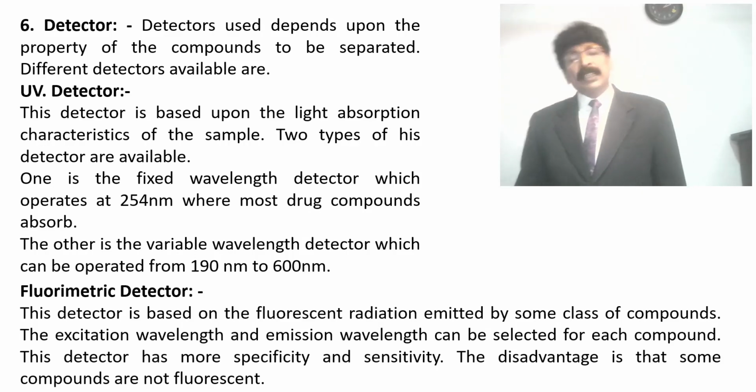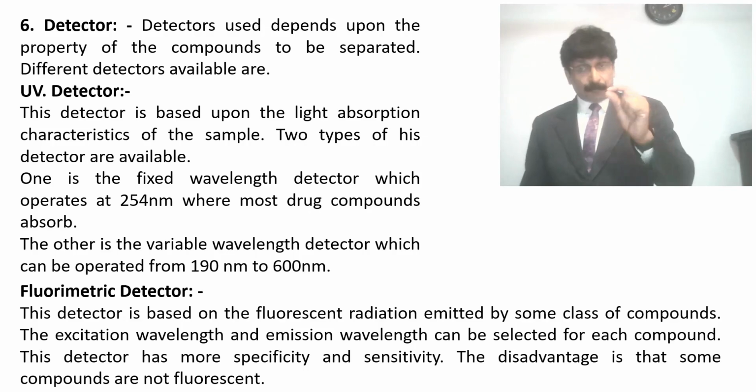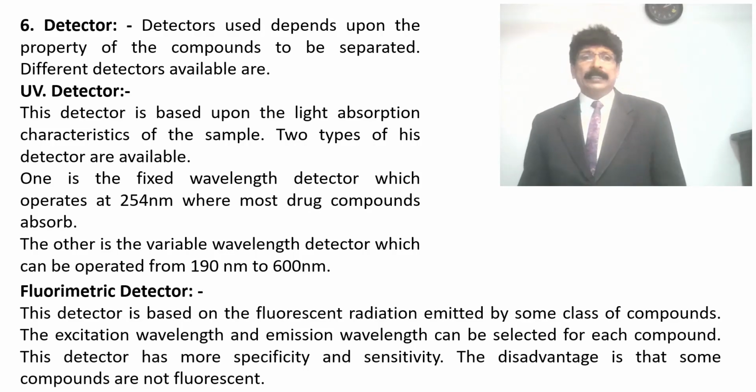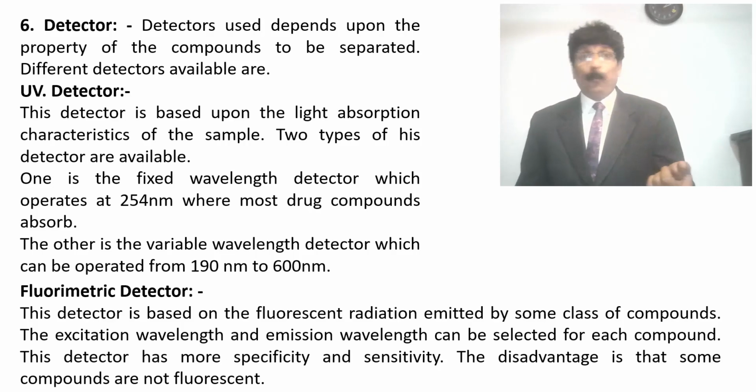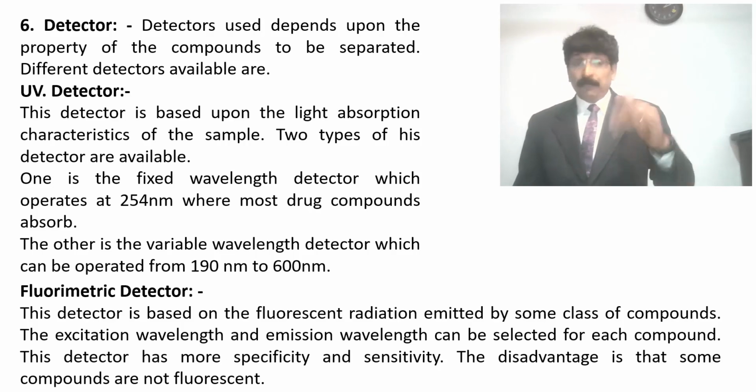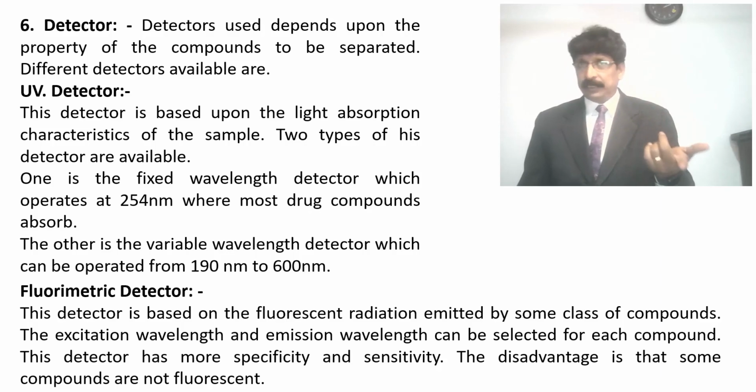Fluorometric detectors are also available, but the problem is the compound should have fluorescence capacity. The detectors are based on the fluorescent radiation emitted by some classes of compounds. The excitation wavelength and the emission wavelength can be selected.